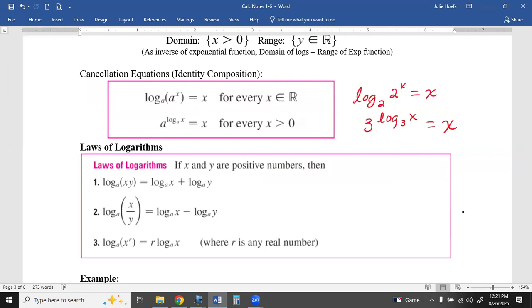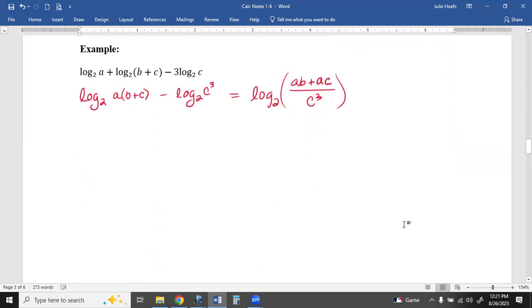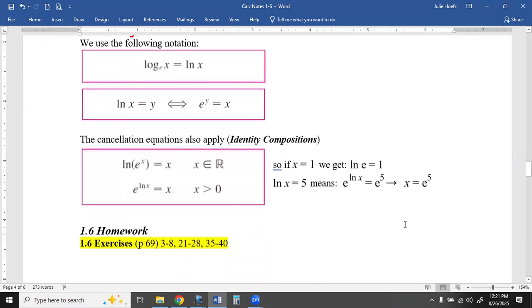And it's the same thing with the e. It's just not written as log base e. Sometimes we forget that it's base e, but the natural log is base e. So e to the y equals x is the exponential version. And so again, here it's really log base e, so it's just x.